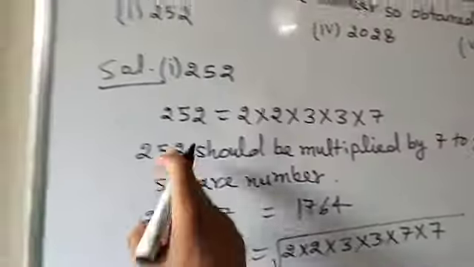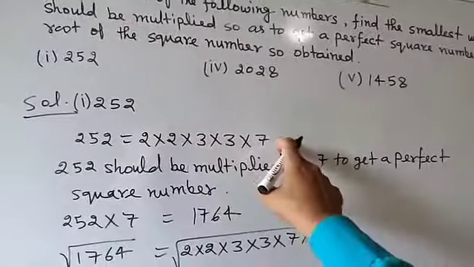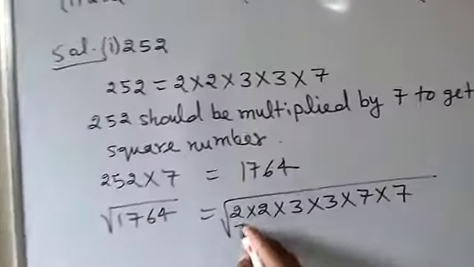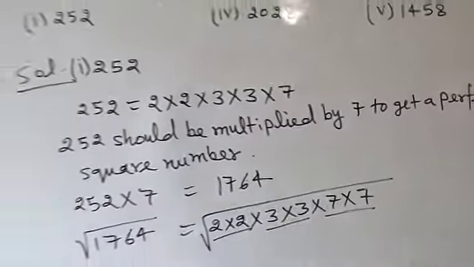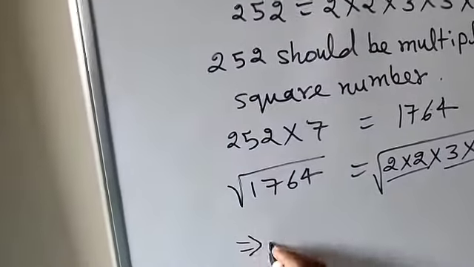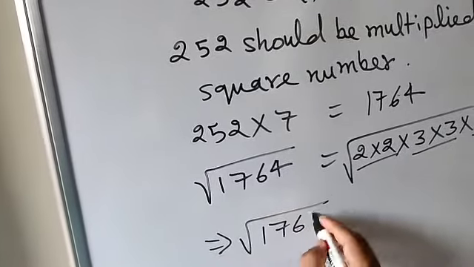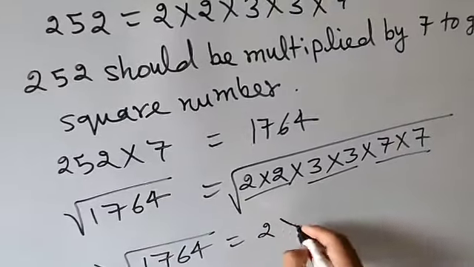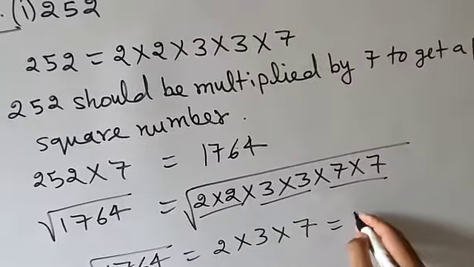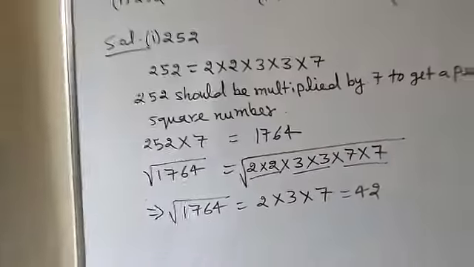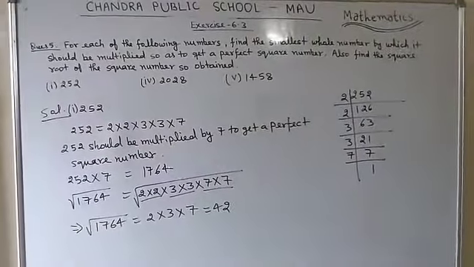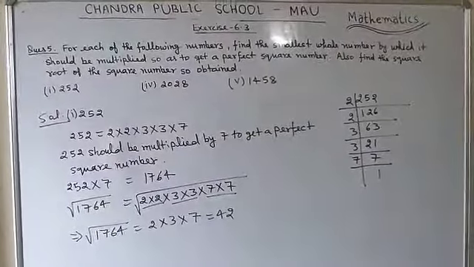Now here you can find that after multiplication by 7, all the numbers are in pairs. So it shows that under root 1764 equals 2 into 3 into 7. Then 2 threes are 6, 6 sevens are 42. So the square root of that number is 42. That is the complete answer of the first part.